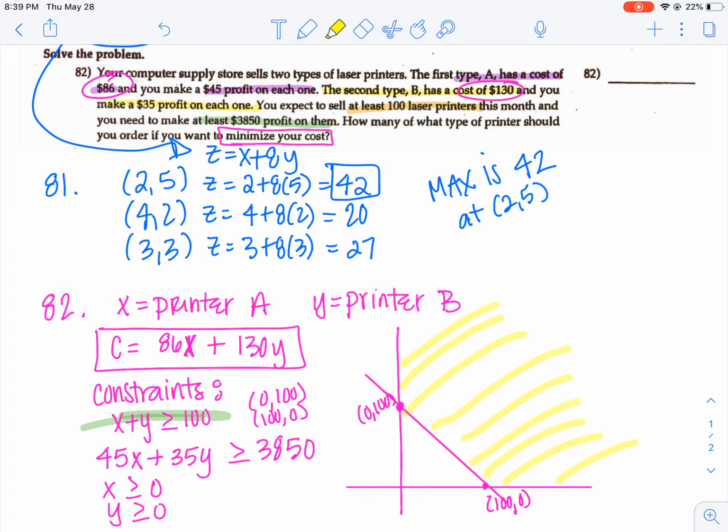Then for our second line, we need to find the x and y intercepts. What happens when x is 0? Hang on, I need to get my calculator.